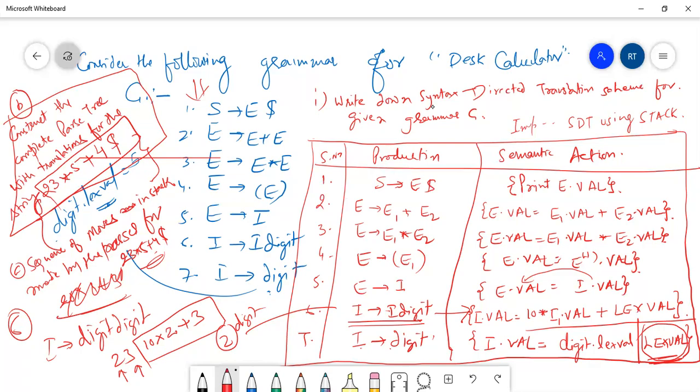Implementation of syntax directed translation using stack we will discuss in the next lecture, because it requires one entire lecture. So any doubt? Please take a snap of this whole screen and try to solve it. If you have any doubt, please share it through chat or any other way.